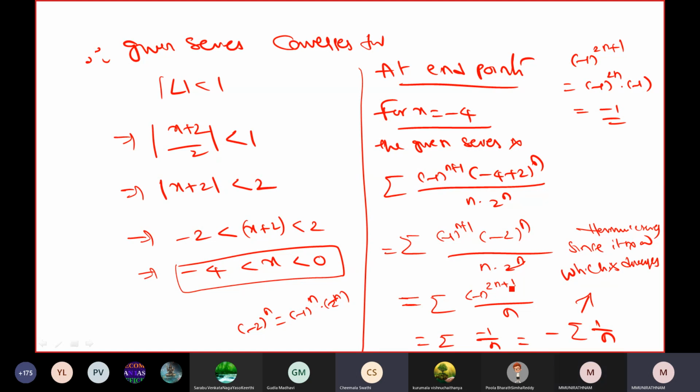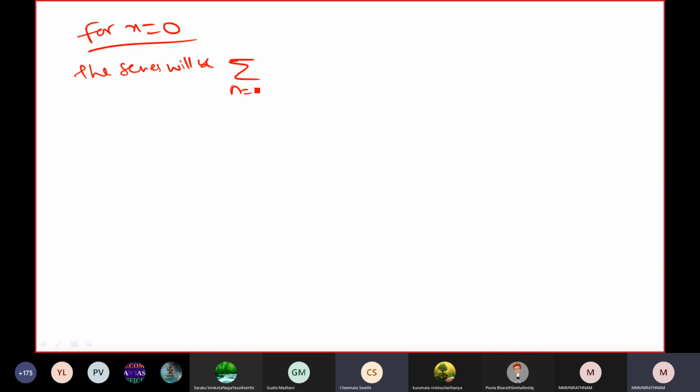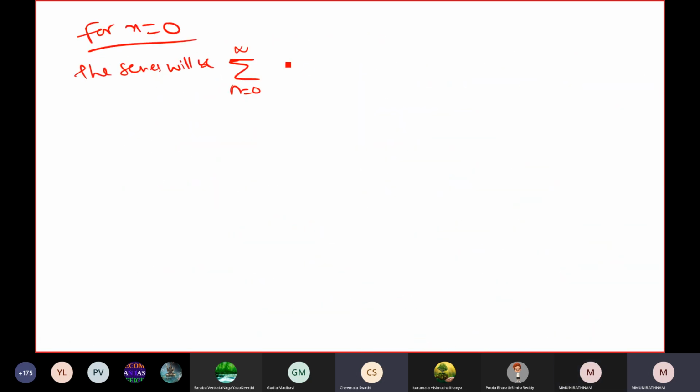Okay? Now the right endpoint, x equal to 0. Put x equal to 0: 0 plus 2 whole power n by n into 2 power n.